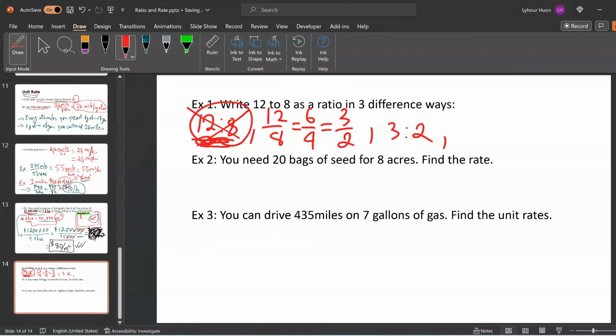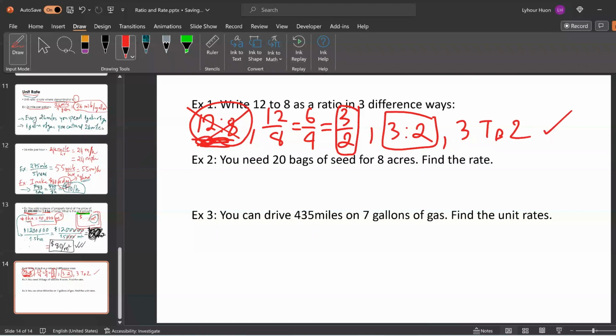So now we have one way, two ways, now three different ways. Next one, how do we write it? 3 to 2. Okay, so this is right.